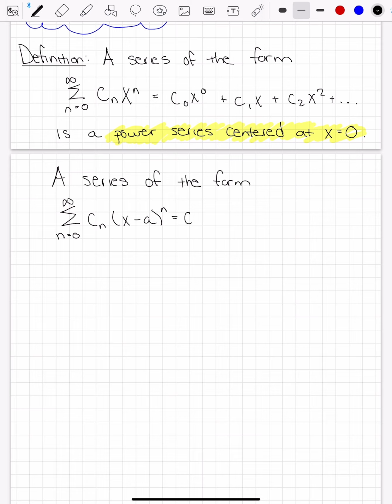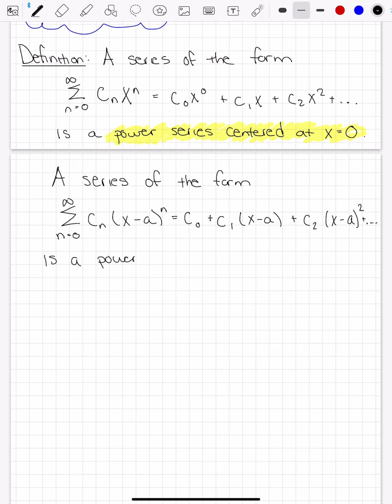So the first few terms are C0, and then x minus a to the 0 power, so that goes to 1. And then C1, x minus a to the first power. And then C2, x minus a to the second power, and so on and so forth. So make sure you don't confuse the a and the n.